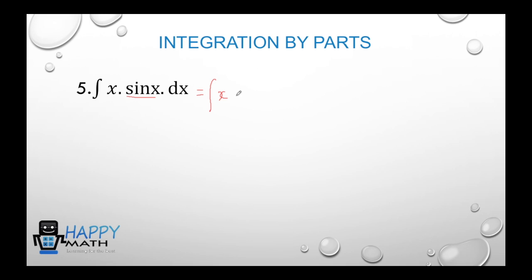I can change sine x to the inside of dx. It means it will become d of the cos x. So you get two main functions in this way, the first one is minus x and the second one is cos x. Minus cos x times dx.